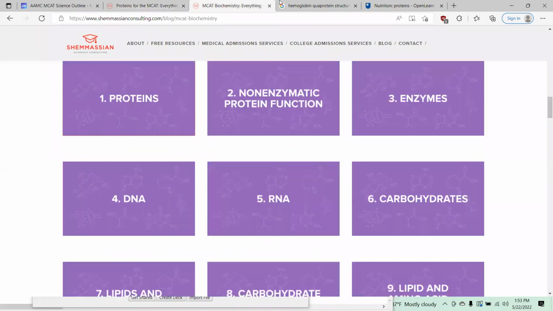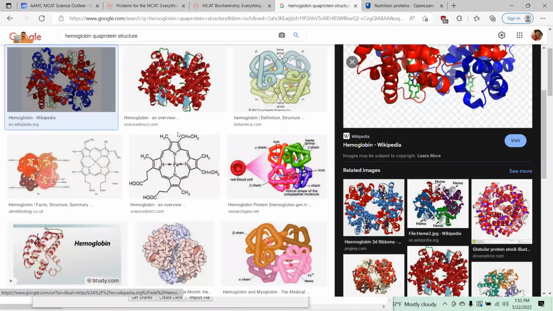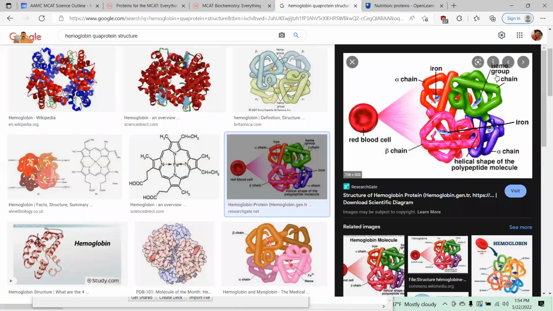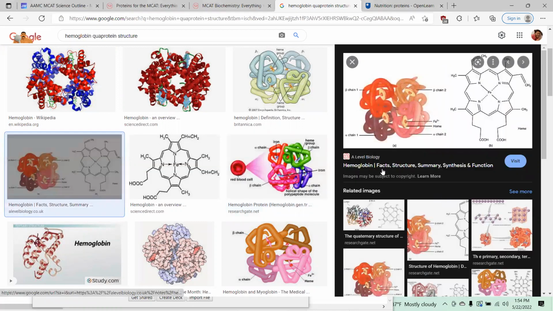Hemoglobin is 4 hemes. Yeah, I believe so. Should be four heme groups. Wait, no, am I wrong? What is a heme group? Is it just called a subunit? They're calling them beta chains here. Oh no, okay. I don't think it's a heme then.